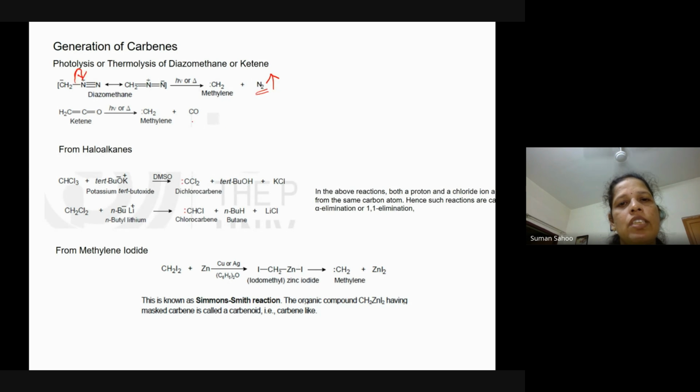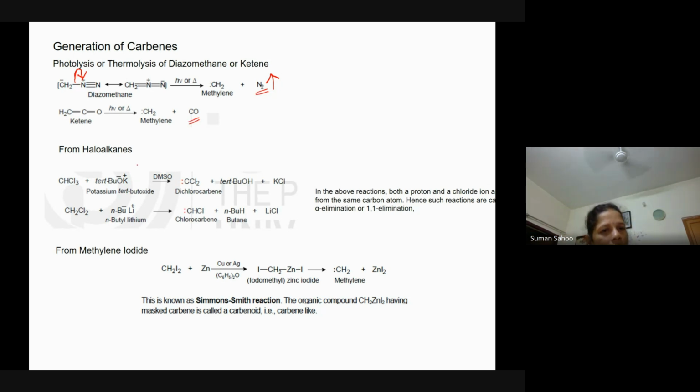Here we have nitrogen, and in other cases carbon monoxide. These are gases, so these are highly stable molecules. So you get carbenes, or this type of intermediates, whenever the carbon is adjacent to a group which is a better leaving group.